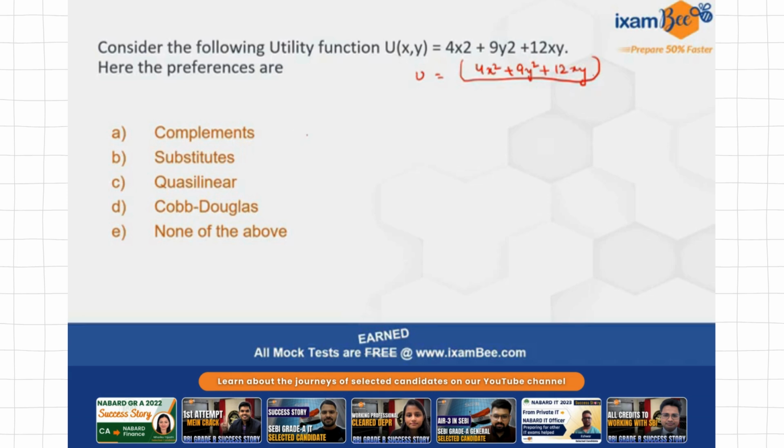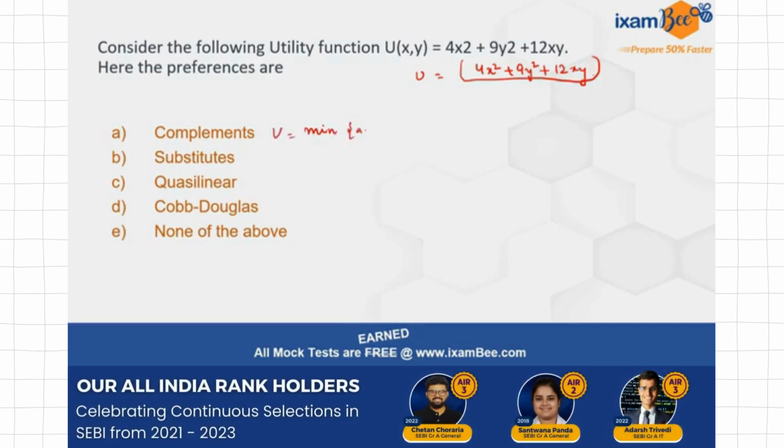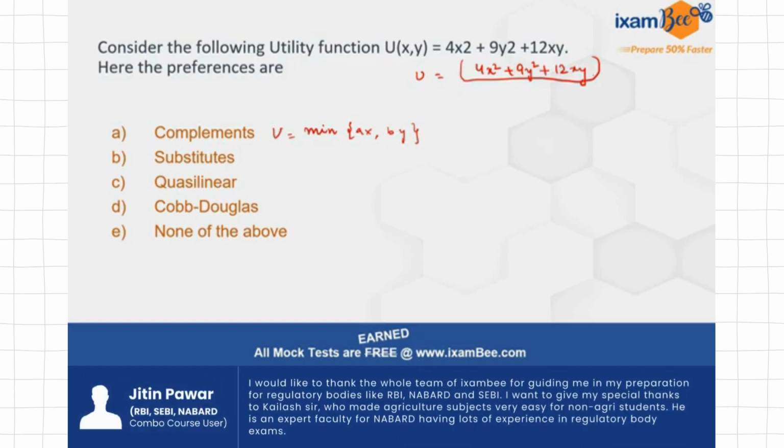Say complements are those kinds of preferences where the standard form of a utility function is the minimum of ax comma by, right? This is the utility function for such preferences, complements, because if goods are consumed together, they cannot be substituted for the other.